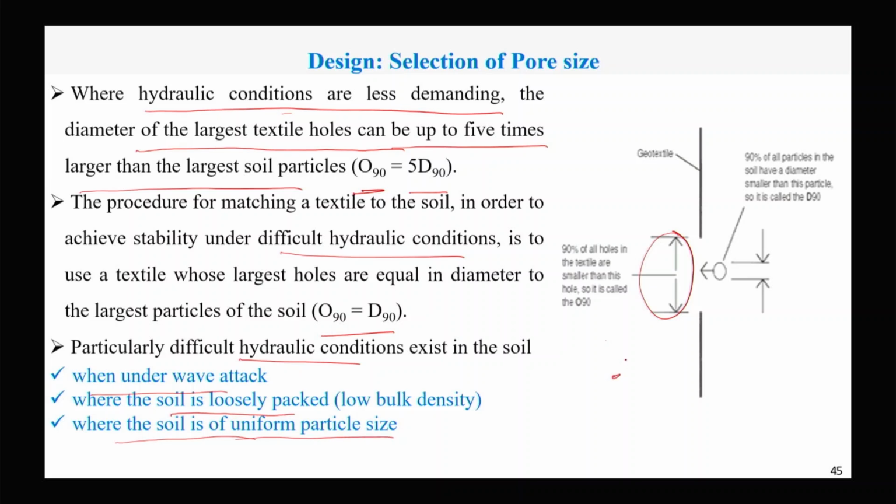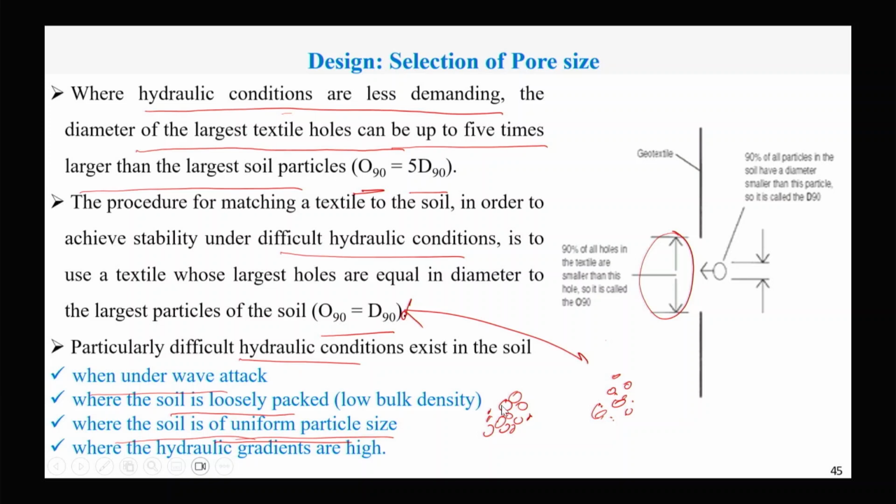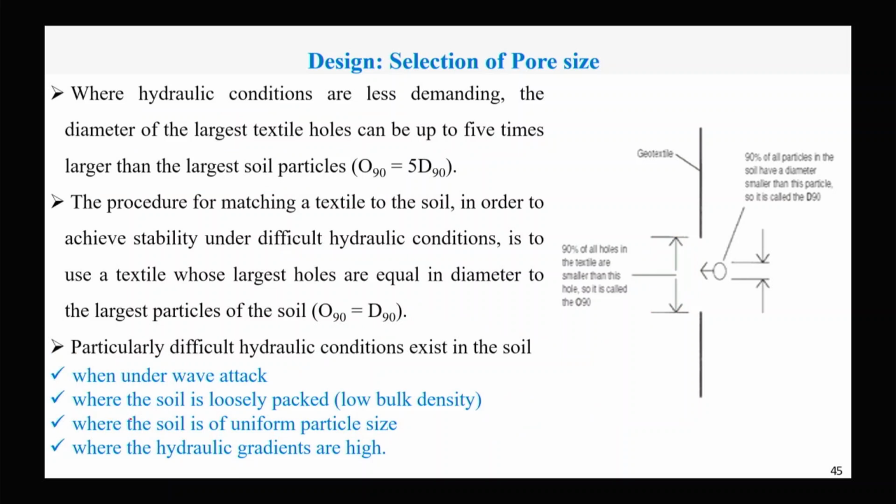Normally, soil does not have uniform particle size, but different particle sizes, and in that case we don't need this condition. But when the soil is of uniform particle size, it is actually unstable. And where hydraulic gradients are high, very high hydraulic pressure, in those cases also we have to use the difficult hydraulic condition.